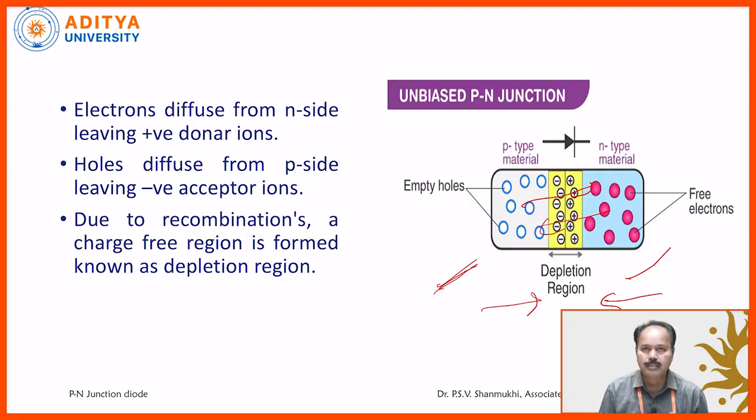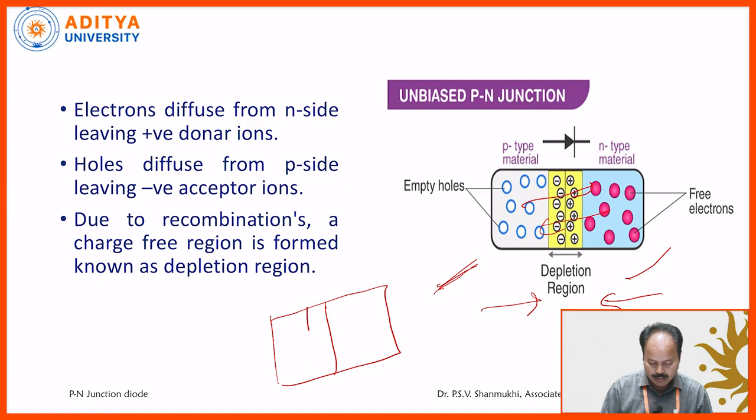Charge free region means the negative acceptor ions and positive donor ions are there, but charge carriers are not. That is why it is called the charge free region. So in this PN junction diode, a depletion region or charge free region is developed here. This is the P-type semiconductor and this is the N-type semiconductor.